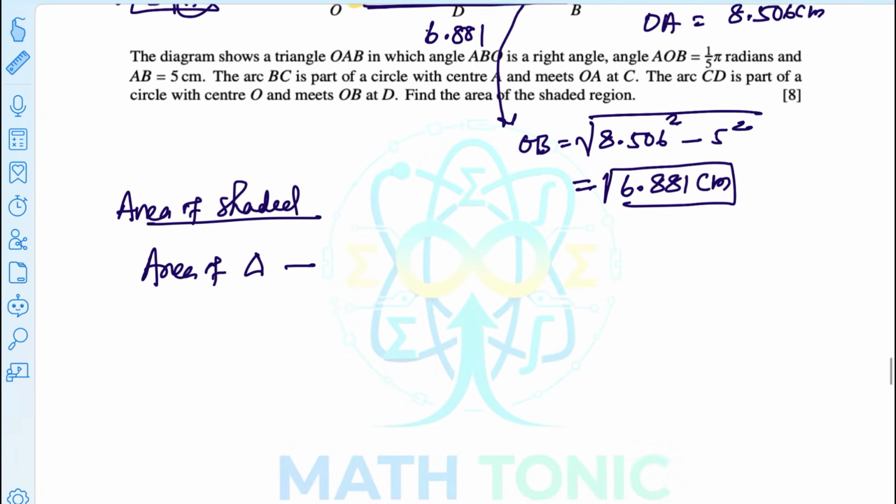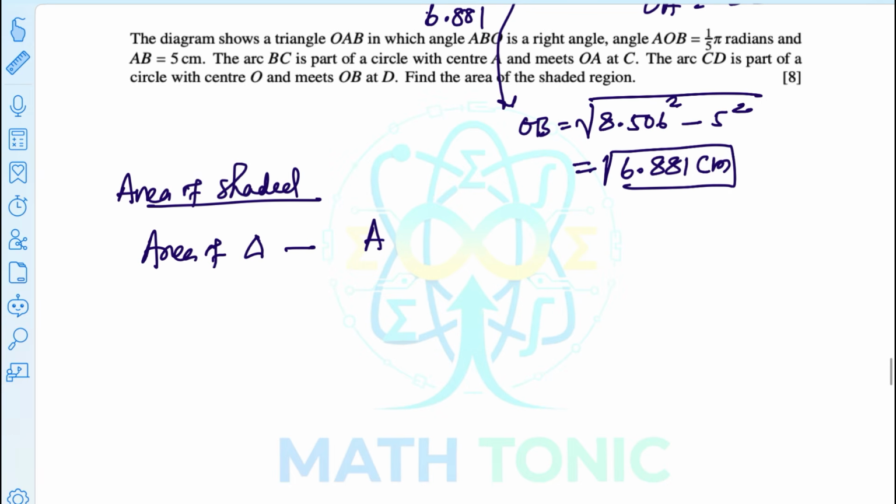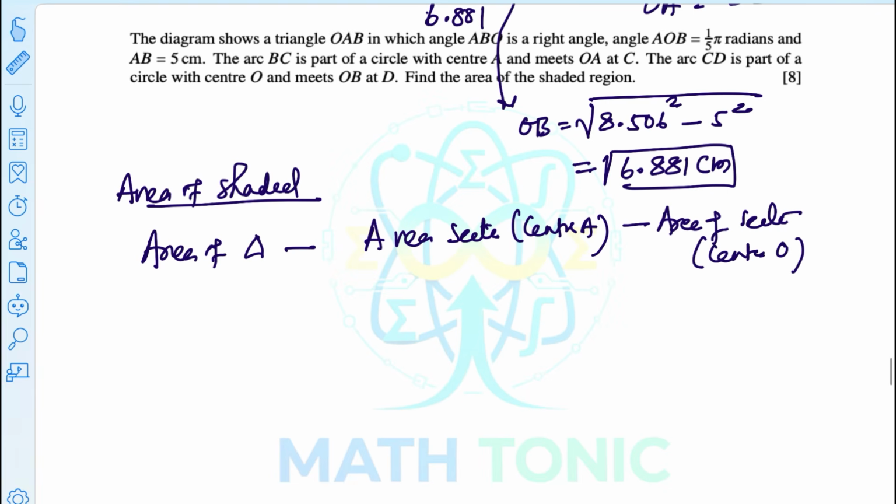Area of sector, here center is A, minus area of sector with center O, right?